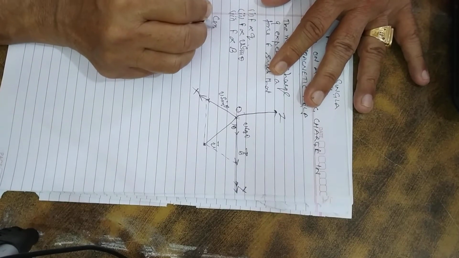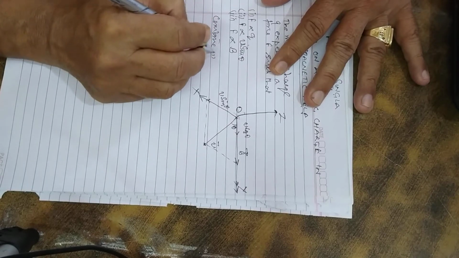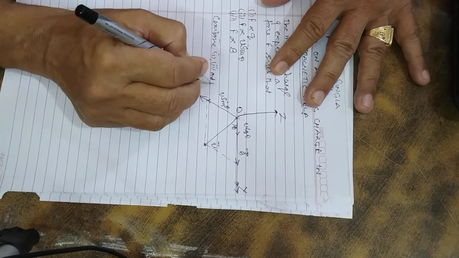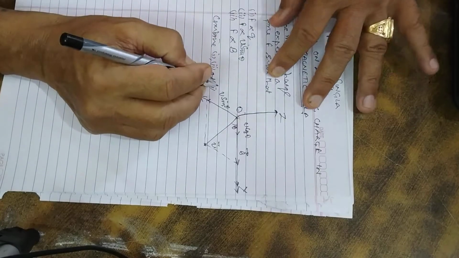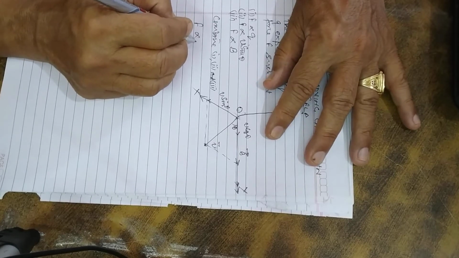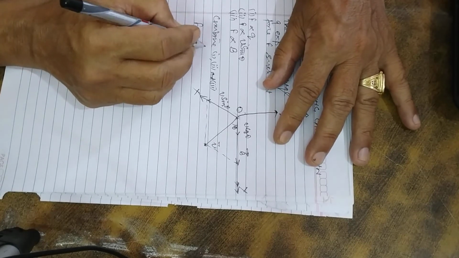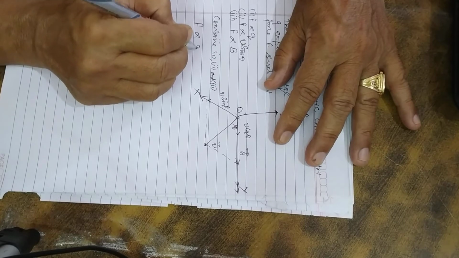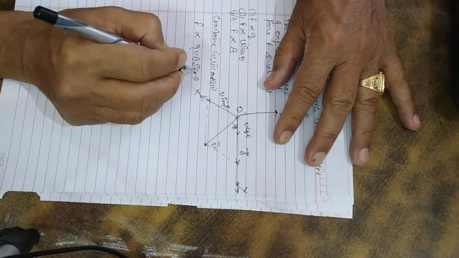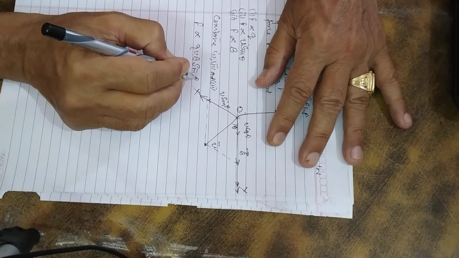If we combine 1, 2 and 3, F is proportional to Q V B sin theta.